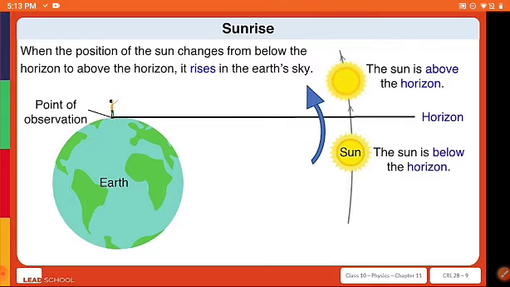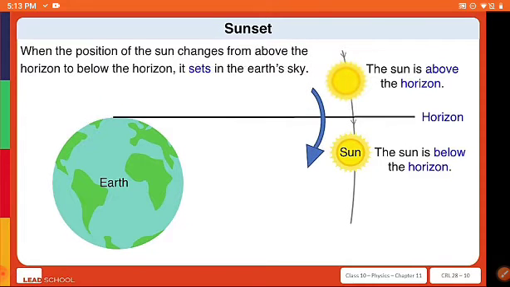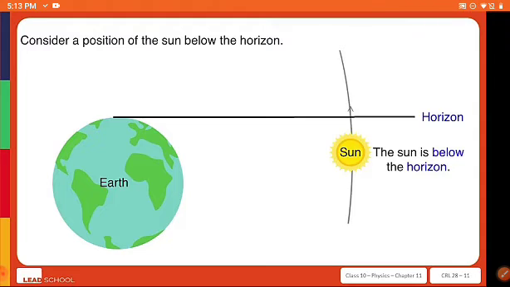When the position of the sun changes from below the horizon to above the horizon, it rises in the earth's sky. Similarly, when the position of the sun changes from above the horizon to below the horizon, it sets in the earth's sky.